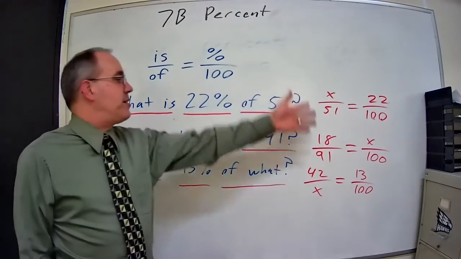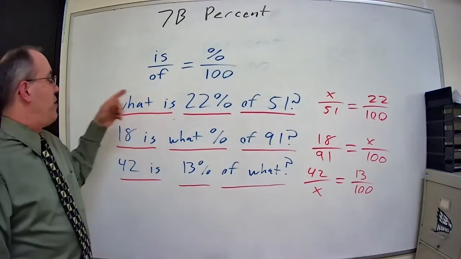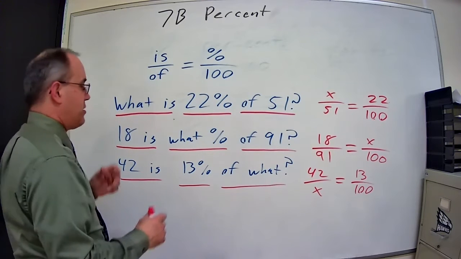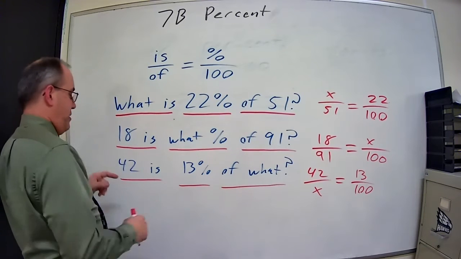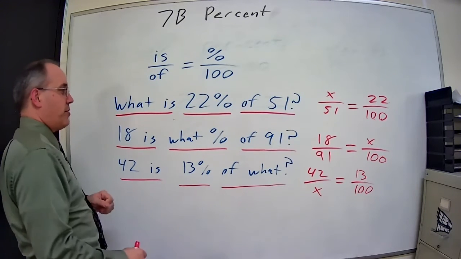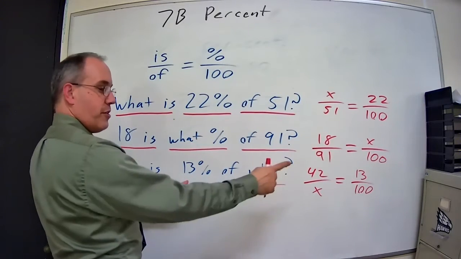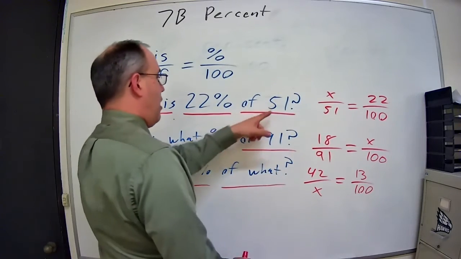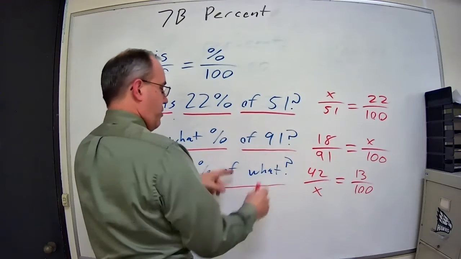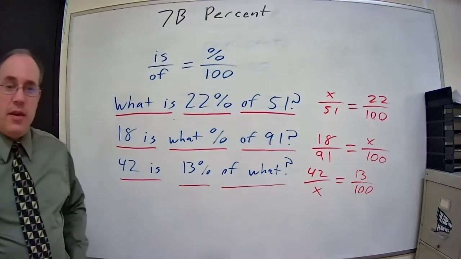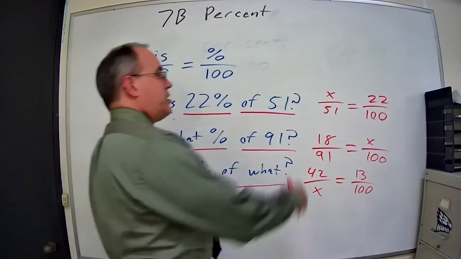So we're able to create this proportion with any of them. X is the is. 18 is, 18 goes there. 42 is, 42 goes there. The percent's 22, x, 13. Of 51, of 91, of what, x. So now we can solve these.